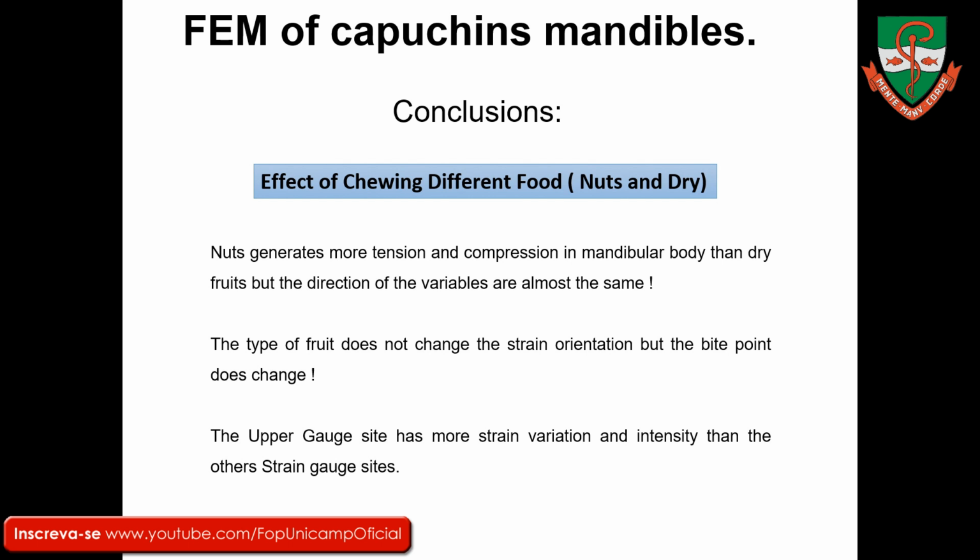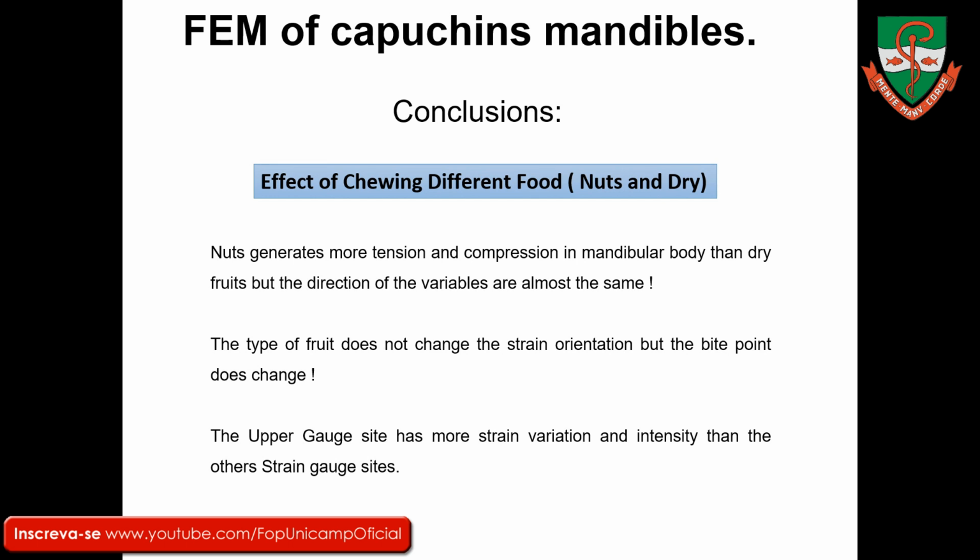I think the rhesus monkey paper says exactly the same, but the models have some differences between them, right, Callum? And the upper gauge site has more strain variation and intensity than the other strain gauge site.